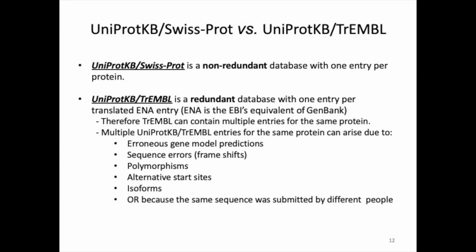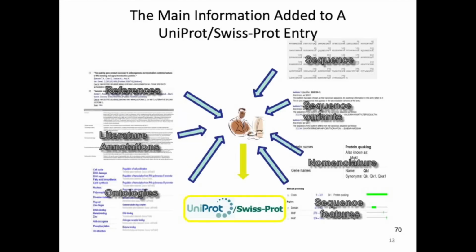The redundancy in TrEMBL is due to various reasons, including false predictions from algorithms and sequence errors, etc. So you know why its quality is not as high as SwissProt's. The main information added to a SwissProt entry includes sequence, variants, nomenclature, sequence features such as domains and motifs, literature annotations, ontologies, and references. It is very comprehensive.